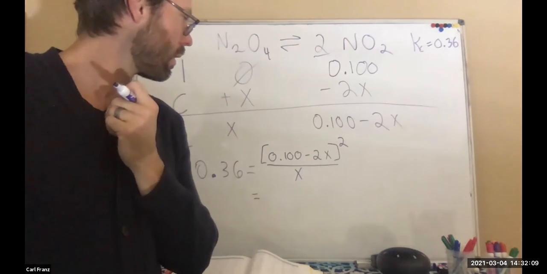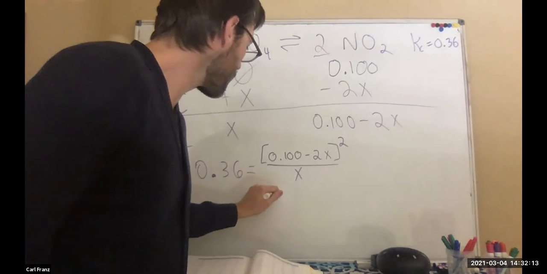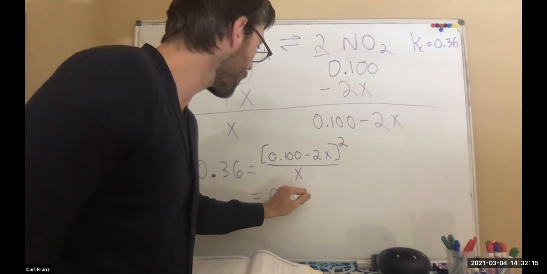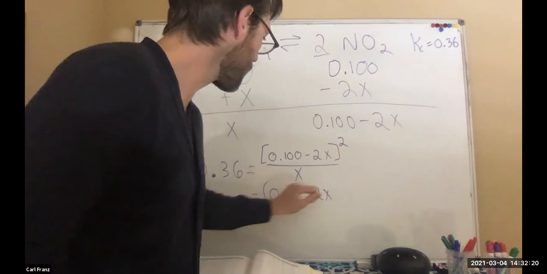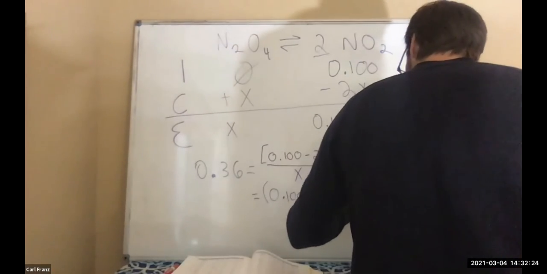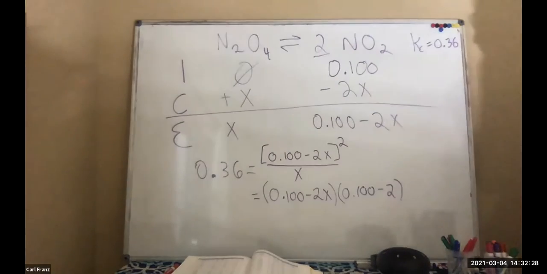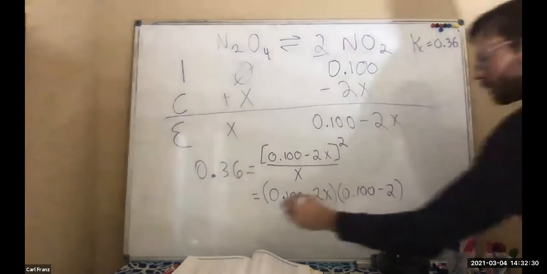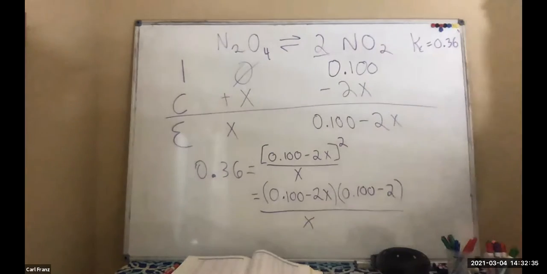We get essentially 0.100 minus 2x times 0.100 minus 2x, right? That's the same way as writing this squared over x.